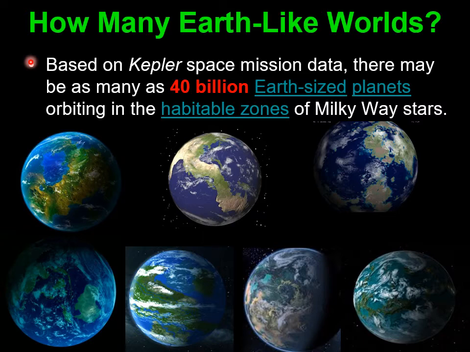We're able to apply statistical methods to that data, and based on that, astronomers have declared there may be as many as 40 billion Earth-sized planets orbiting in the habitable zones or life zones of Milky Way stars. So this is just in our galaxy alone. Imagine 40 billion Earth-like planets. Numbers like this give us more hope and confidence that there could be life elsewhere in our galaxy.